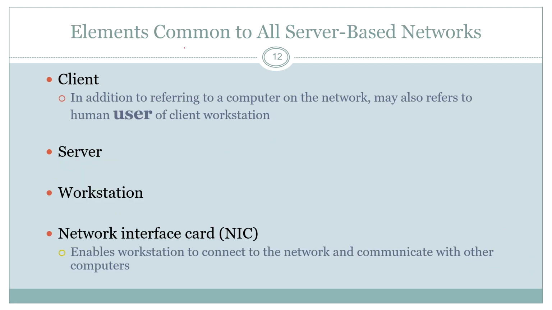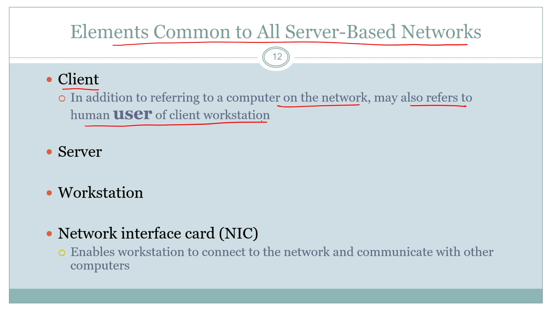And then there are certain elements that are common to all server based networks. We need to understand some of the words or technologies that are common to almost all of them. Number one is the client. We already discussed what it is. In addition to referring to a computer on the network, it may also refer to the human user of the client workstation.